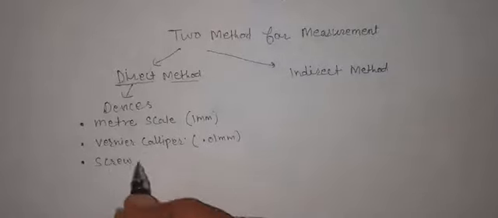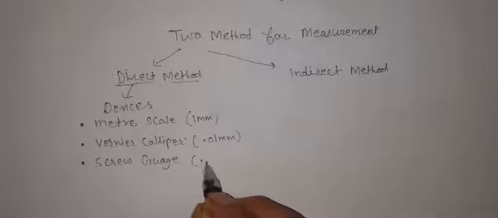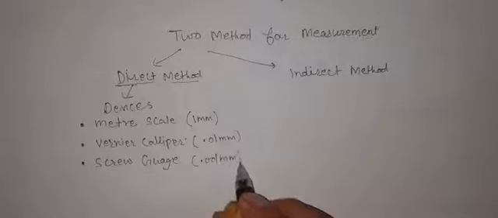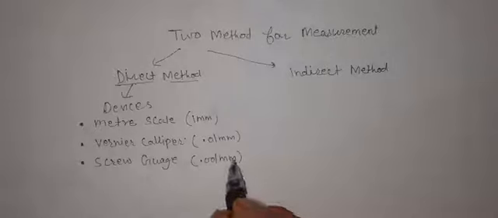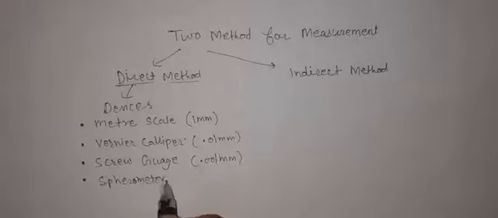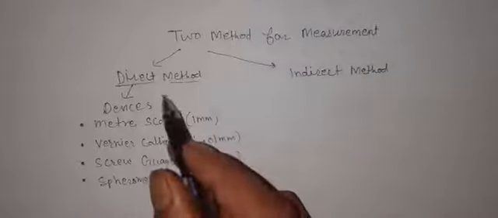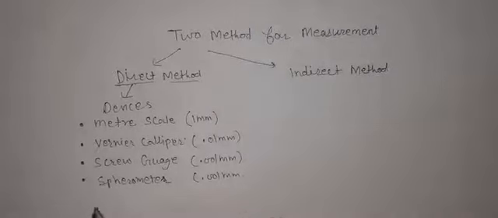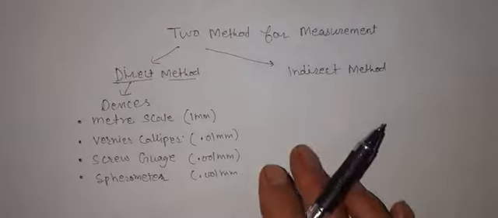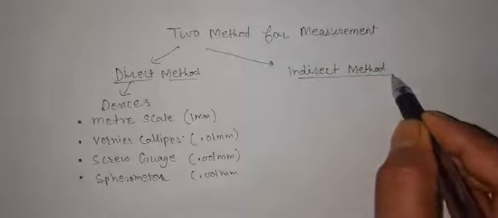In our ninth standard, we discussed the vernier caliper and screw gauge. This screw gauge can measure 0.001 mm. Similarly, there is the spherometer. With the help of these we measure small distances, and these are direct methods. Next, we talk about the indirect method.